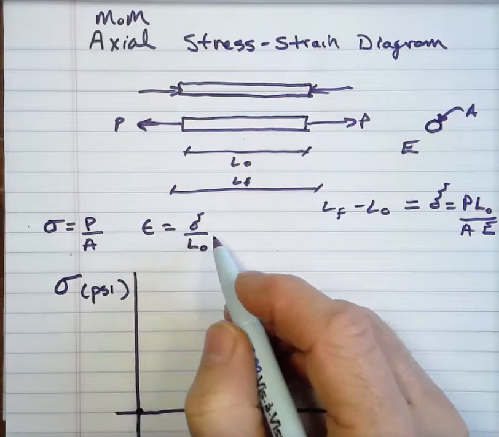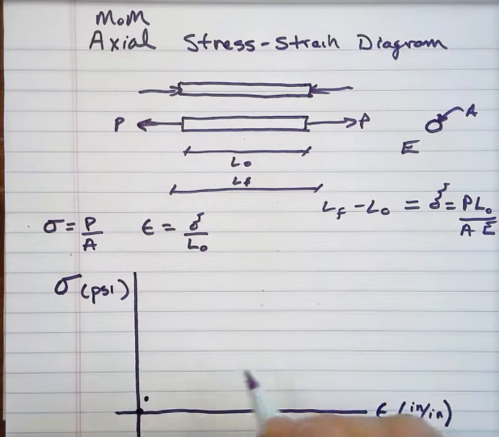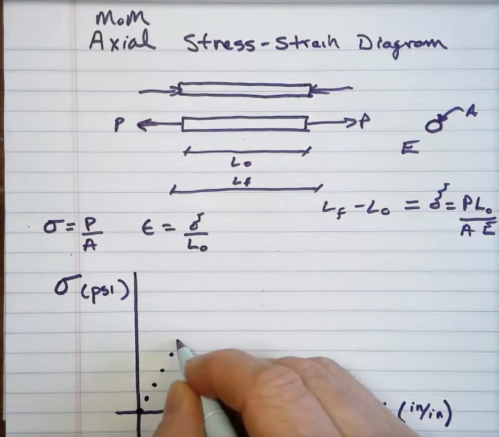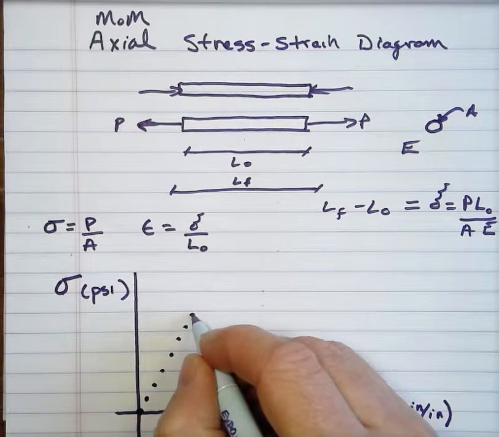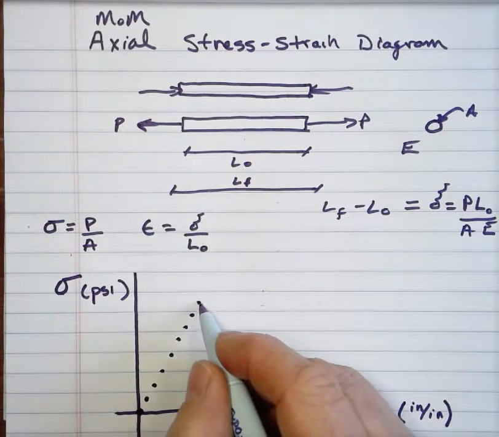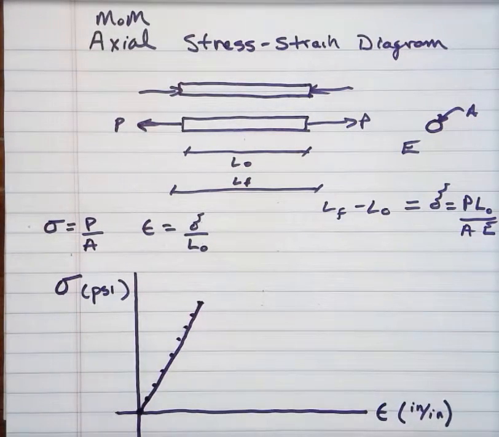Yep. So I'll start to get some strain. So put on a little bit of stress, get a little bit of strain, a little bit of stress, a little bit of strain, a little bit of stress, a little bit of strain. And you end up with a straight line. And we call that straight line the stress strain diagram.